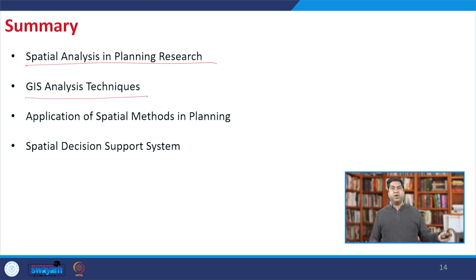We talked about point, line, polygon. We talked about the attribute tables, etc. We also discussed various applications of spatial methods in planning and the spatial decision support system.